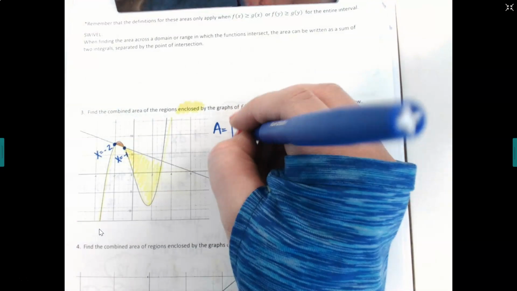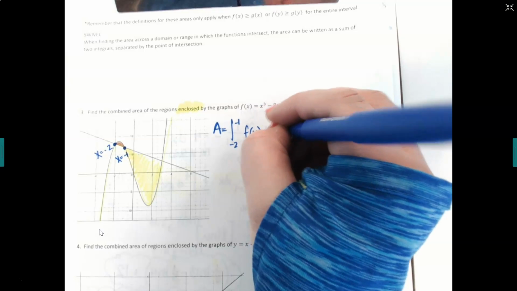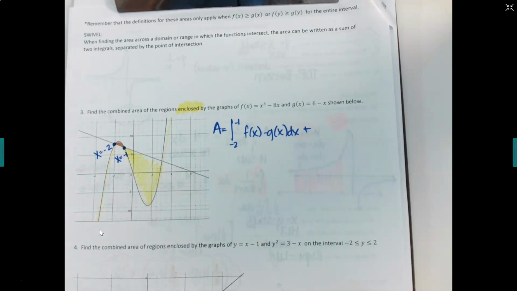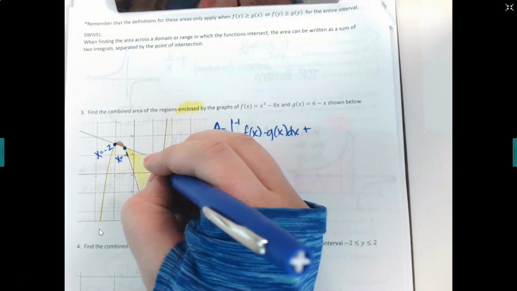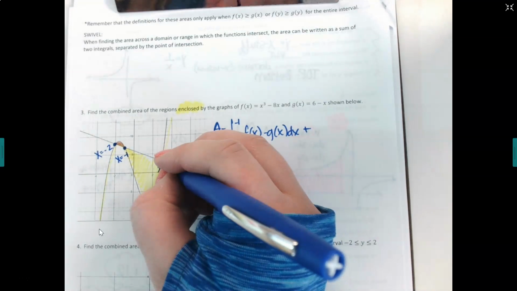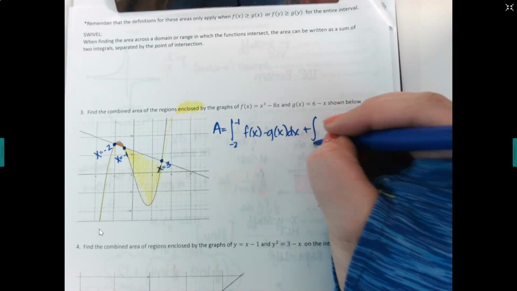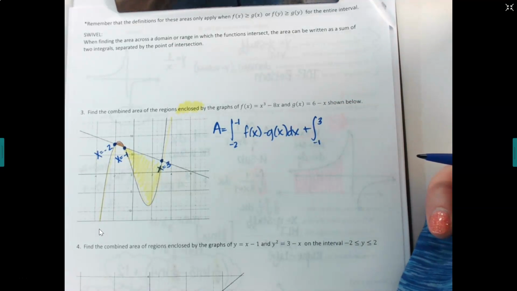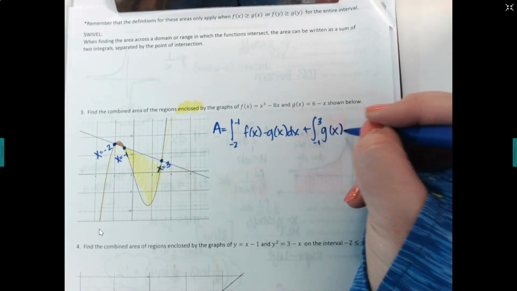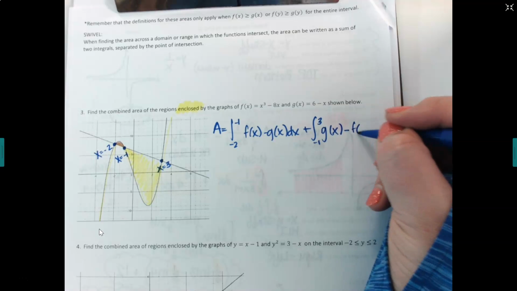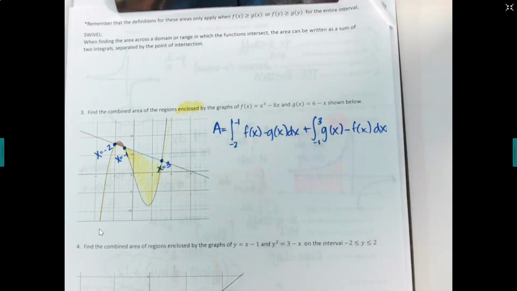So I do f of x, the cubic, minus g of x, plus. And then I treat the second pocket like its own area. Where do they cross over here? 3. So I'd go from negative 1 to 3. And what's on top for that pocket? g of x minus f of x. Does that make sense?